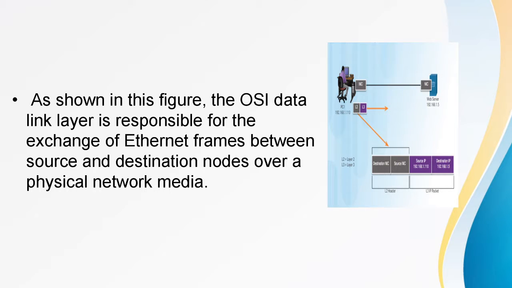In this figure, the OSI data link layer is responsible for exchange of Ethernet frames between source and destination nodes over a physical network media.